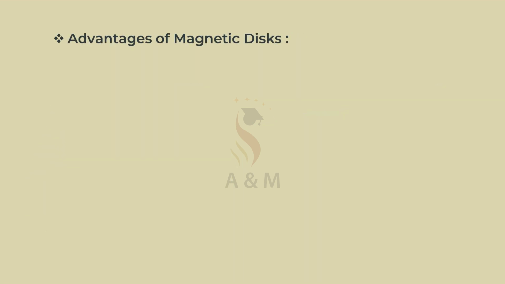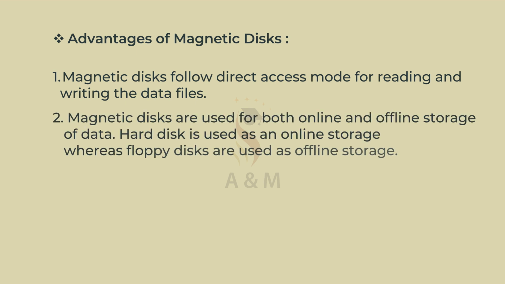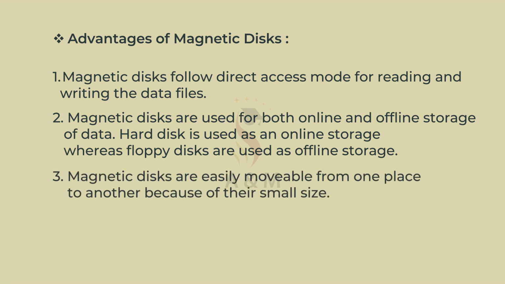Now let us discuss various advantages of magnetic disks. First, magnetic disks follow direct access mode for reading and writing the data files. Secondly, magnetic disks are used for both online and offline storage of data. Hard disk is used as an online storage, whereas floppy disks are used as offline storage. Third, magnetic disks are easily movable from one place to another because of their small size.